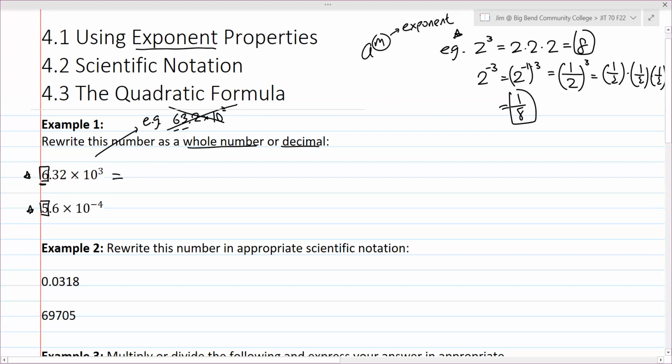All right, and then we can normally solve this with a calculator. We enter the expression in the scientific calculator, and then we get 6,320. If you know the concept, then problem solving with a calculator allowed will be simple. And then the second one will be 0.0056.